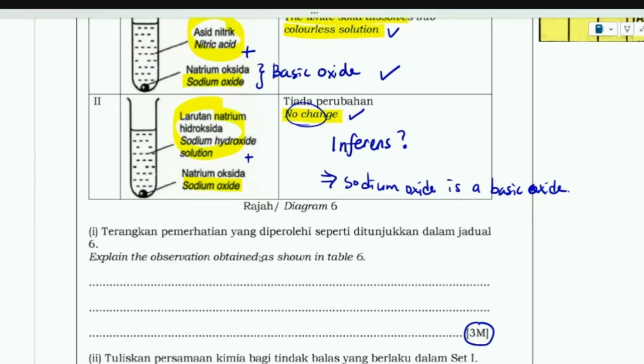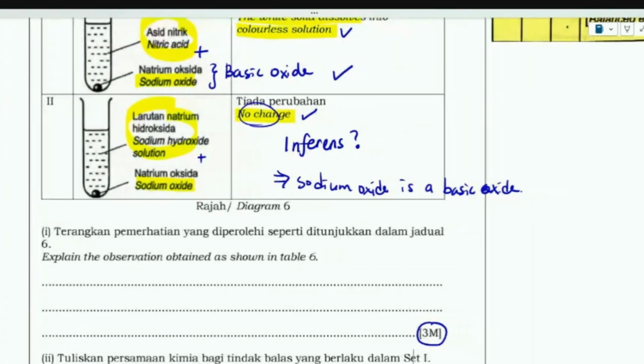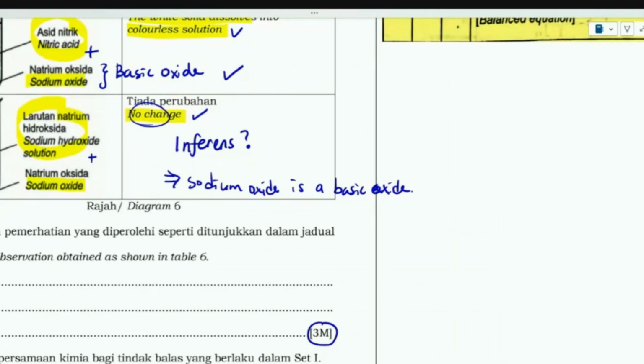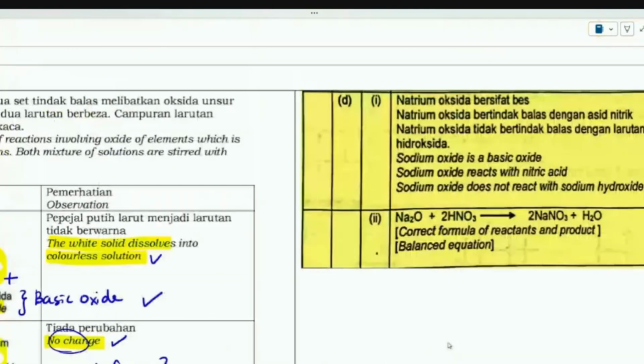It could be like A1, A2, then B1, B2, B3, for example, then the total is only 20. Okay, very simple one. For an essay question, just look at the marks. How many marks, how many points. So for 3 marks, you can mention: sodium oxide is a basic oxide. That's the inference actually.